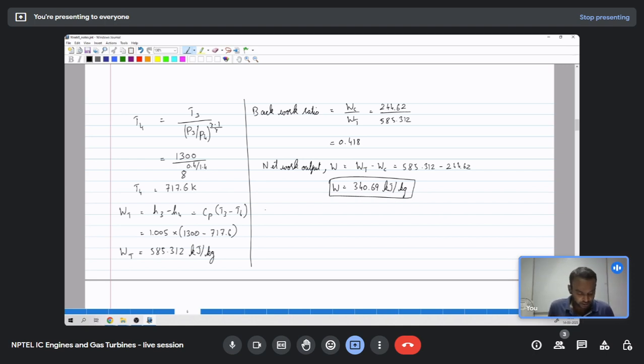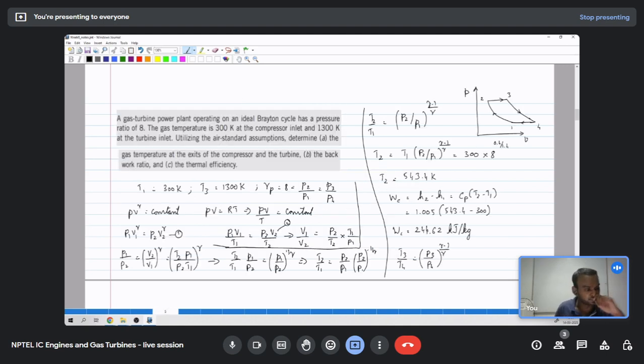Now we can calculate the thermal efficiency. Thermal efficiency is given by net work output divided by Q input. Here Q input we haven't calculated, but it can be found from the temperature difference between T3 and T2.